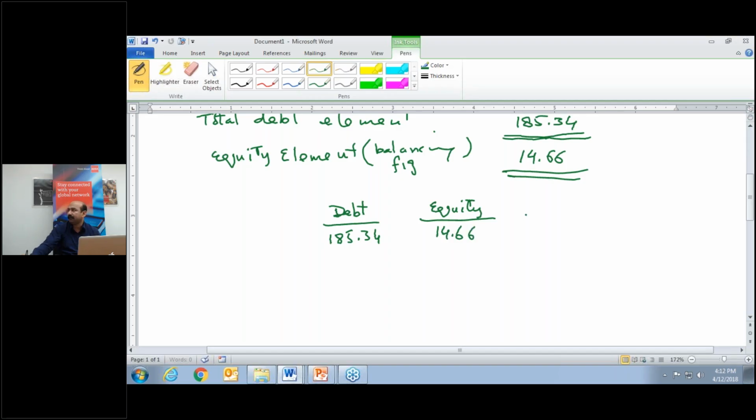Of course, we know that the total is 200. These are basically the proceeds before any issue cost.